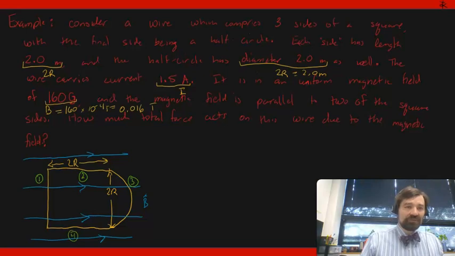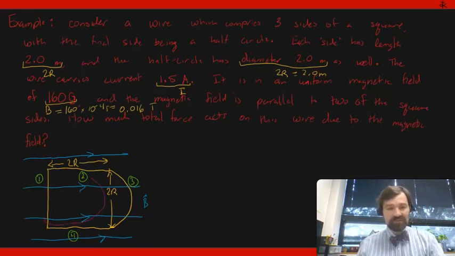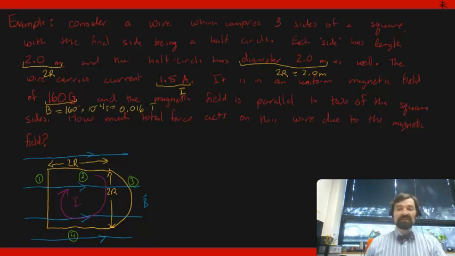And I should also label a direction for the current. It doesn't really matter whether it's clockwise or counterclockwise. I'm going to draw it clockwise in this case. What that does is it defines for us the direction of DL in each case.